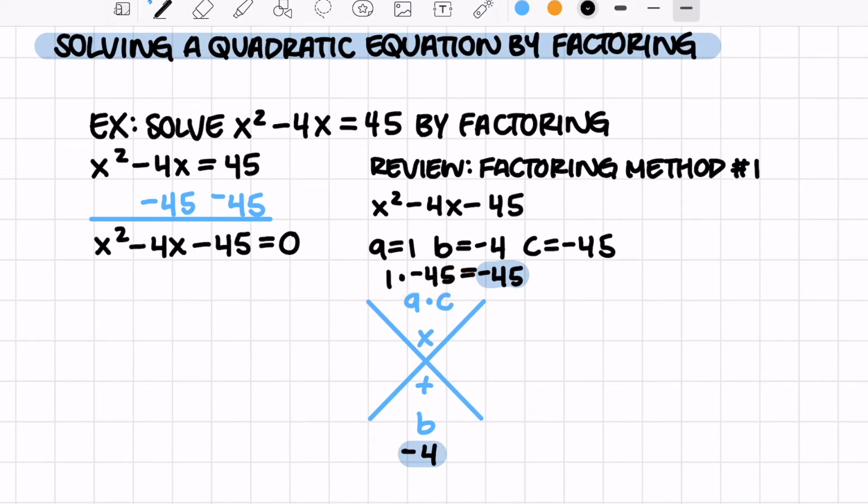So I'm going to write this as -9, and this is going to be +5. Whatever those two numbers are, they need to have the x values next to them.